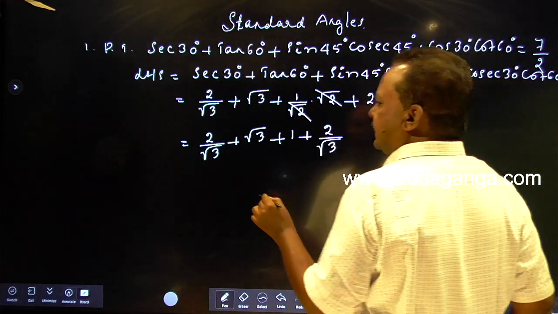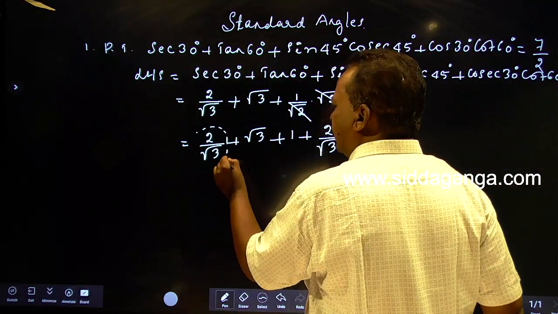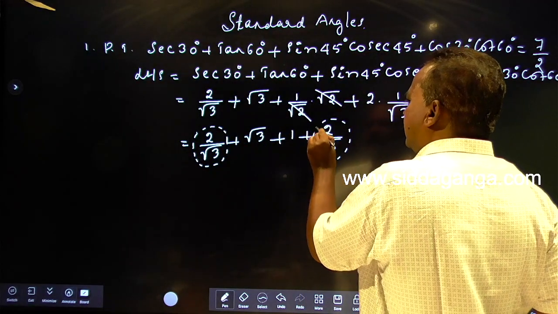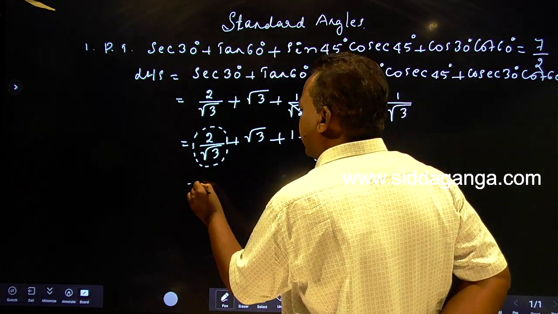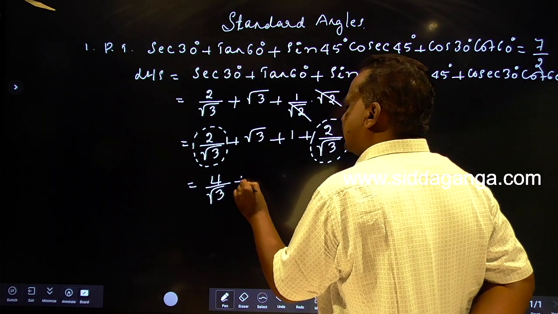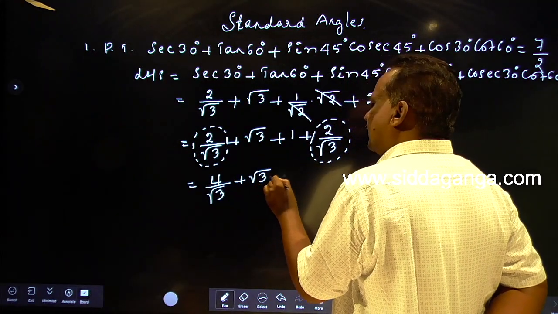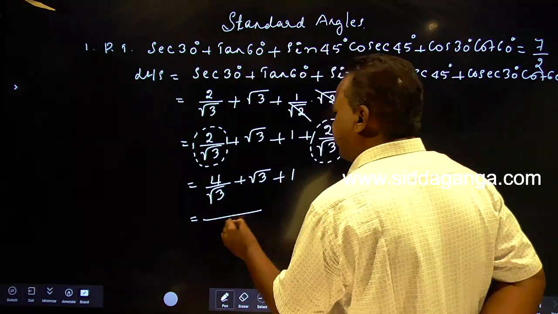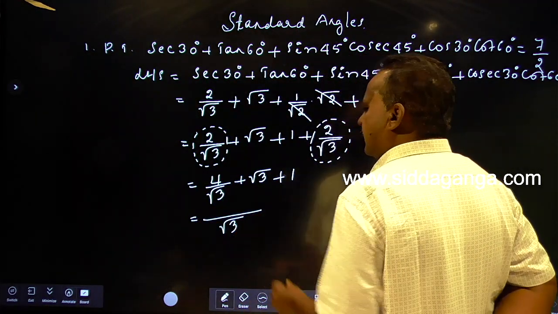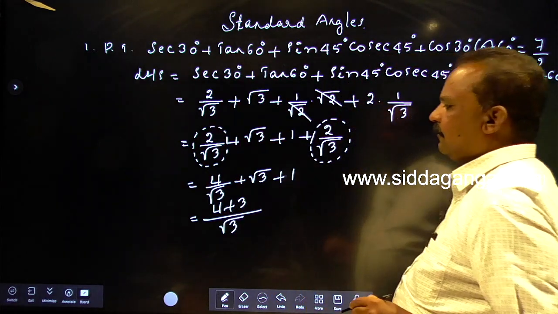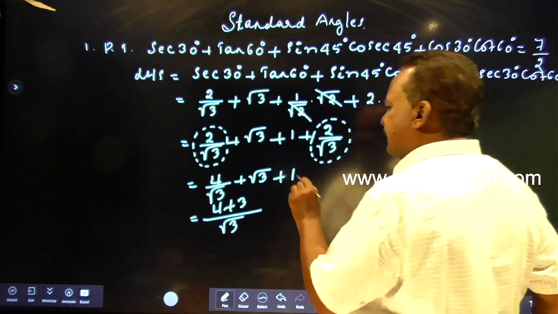So this 2 by root 3 plus 2 by root 3 becomes 4 by root 3. 4 by root 3 plus root 3 plus 1. Take root 3 as the LCM. 4 plus 3 plus root 3.